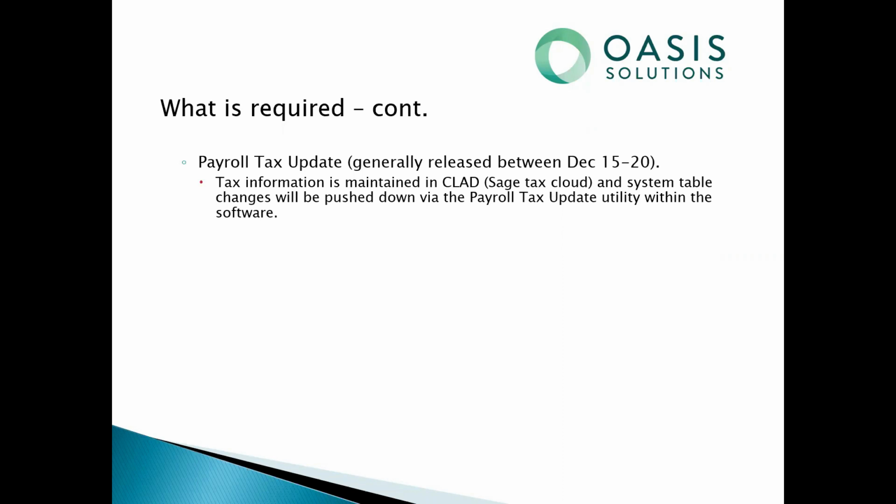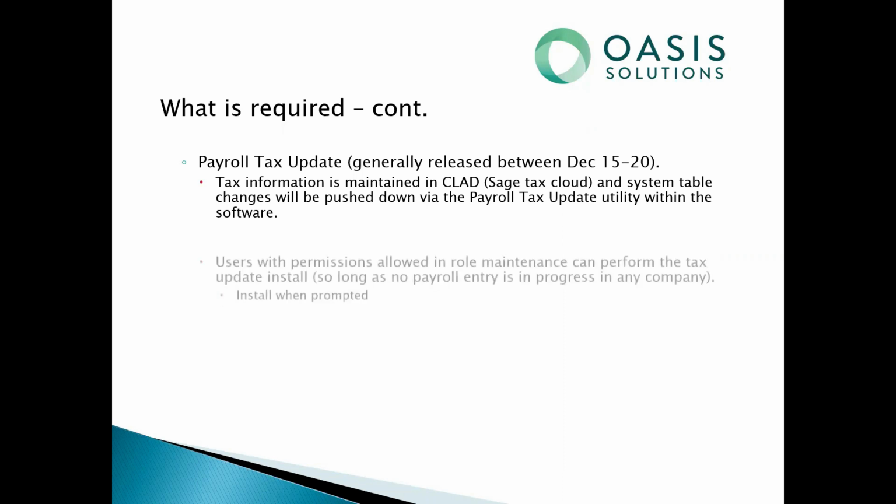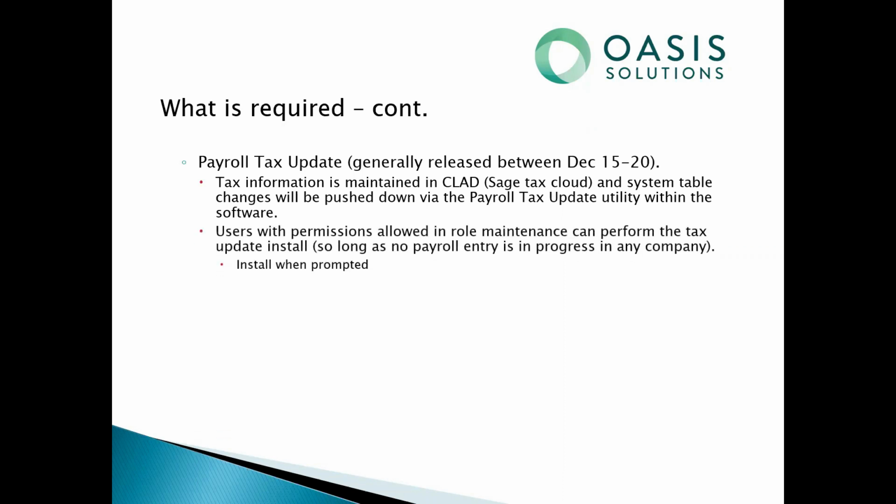The program itself will prompt you that there are tax updates to be installed, and you should be keeping up with that. In order to do the installation, you do have to have permissions allowed in your role maintenance. And so it will install, if you have the permissions and you say, yes, I want to install, as long as you don't have payroll entry in progress.